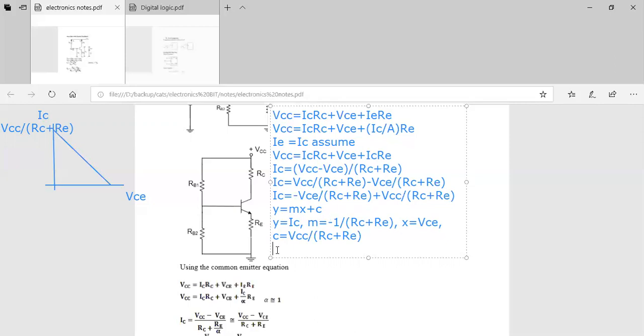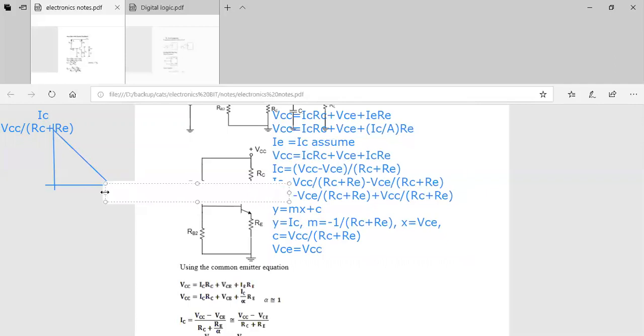In that case, your VC is equal to VCC. You can just check on that. VC is equal to VCC. So at this point here, you're going to have it as VCC.